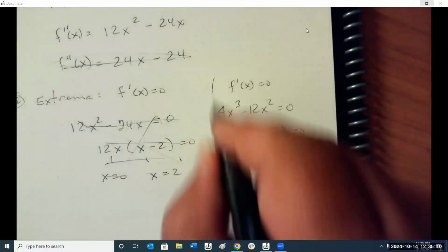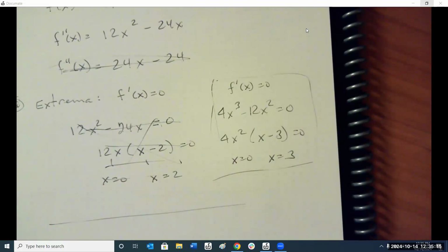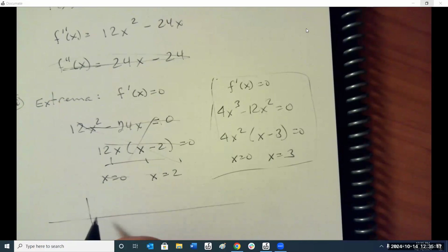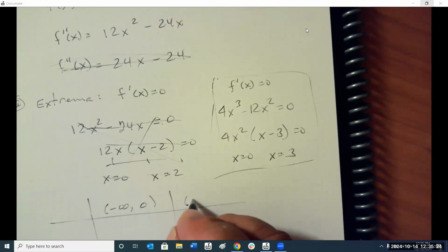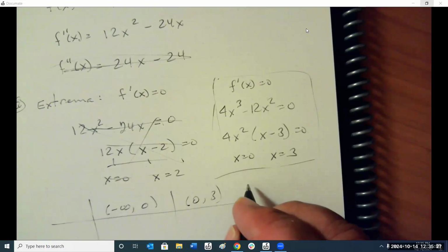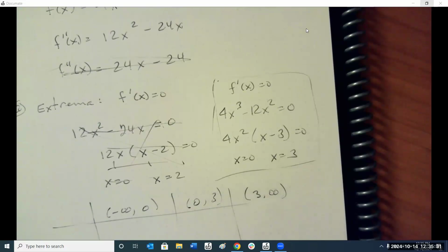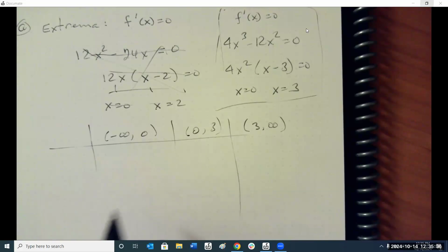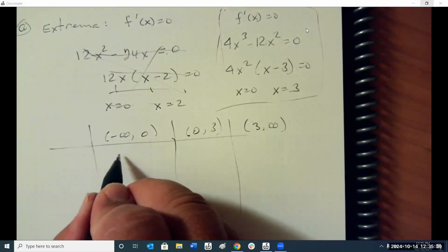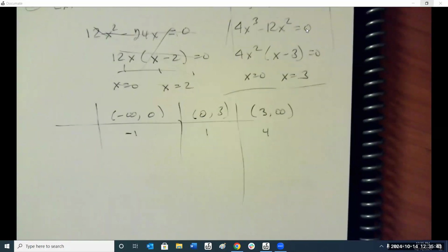So for this information, let's look at our intervals. Negative infinity to 0, 0 to 3, and 3 to infinity. Test points: negative 1, 1, and 4.